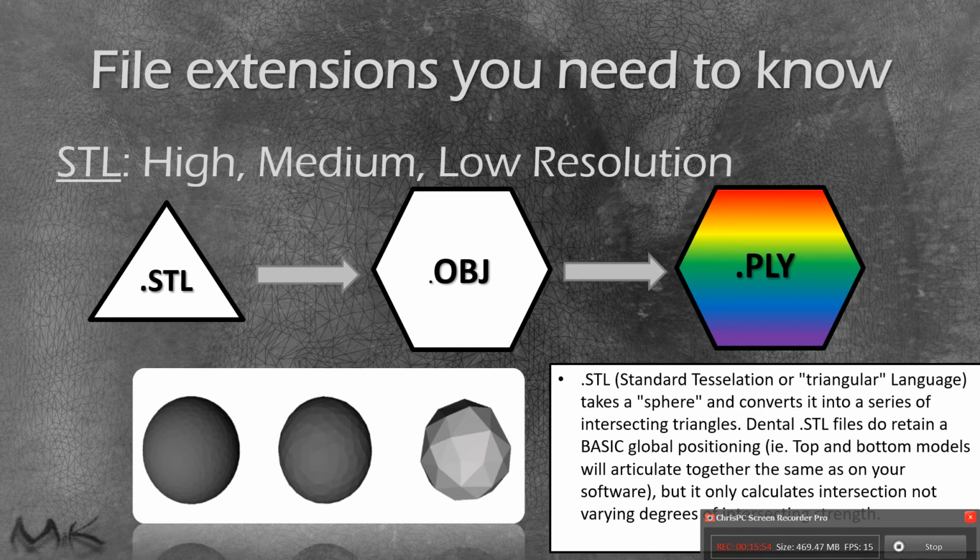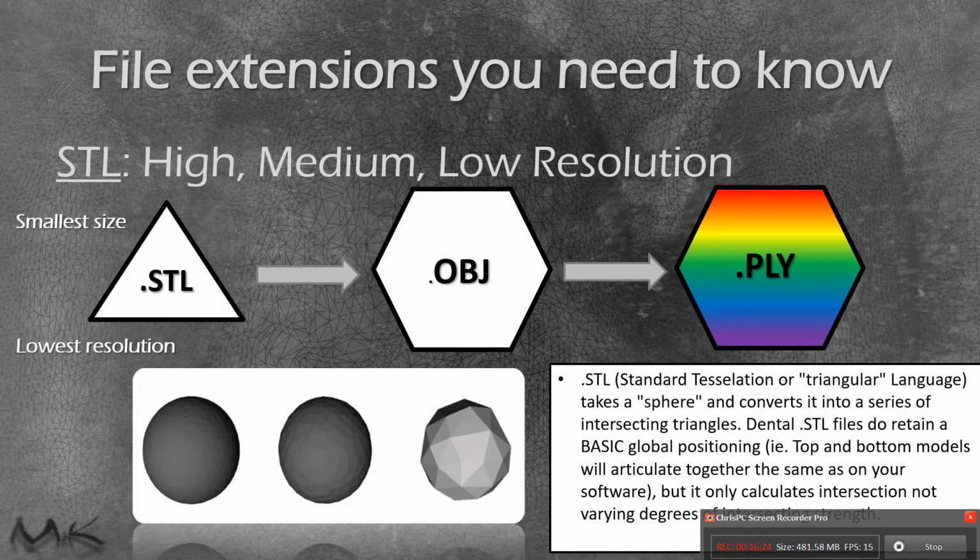So with that color image and increased surface texture, we can take a scanner, export a PLY type of file, and pull it into a CAD/CAM type of planning software and see where the tooth starts, see where the gingiva starts. We don't have to worry as much about having a physical gap between our margin and our soft tissue because this PLY image allows us to use a little bit more of the color data that we picked up with our scanner.